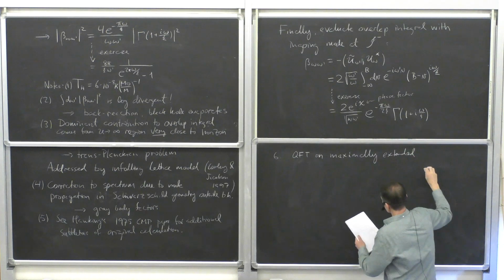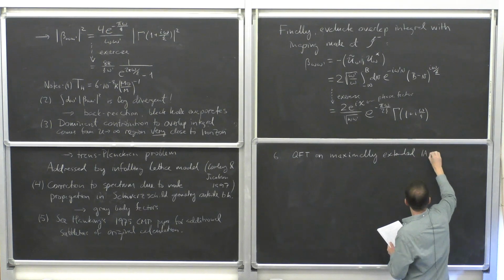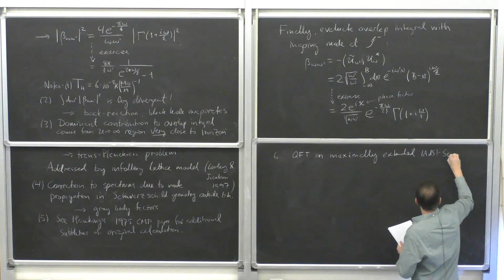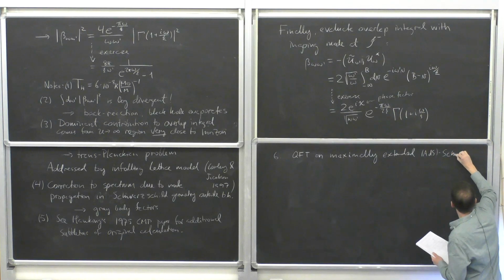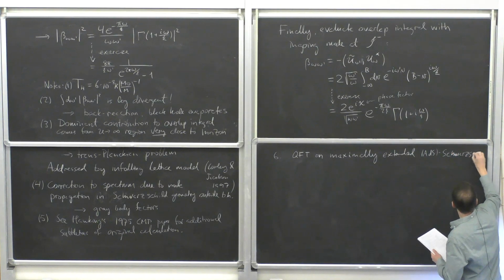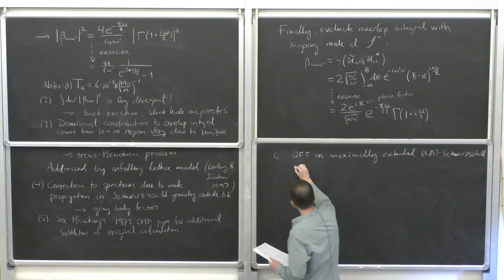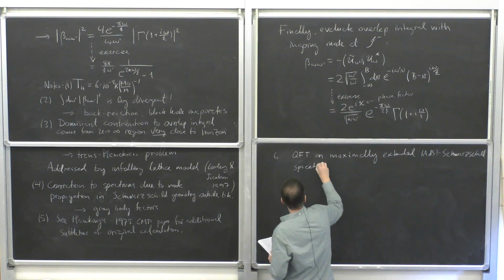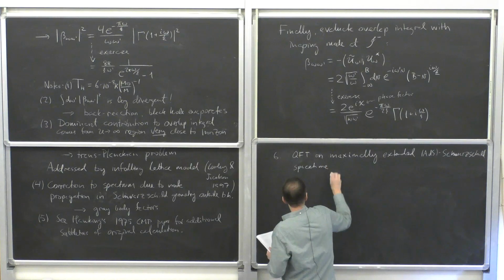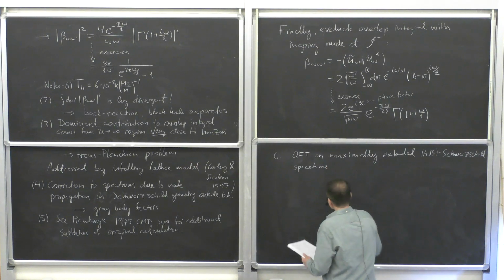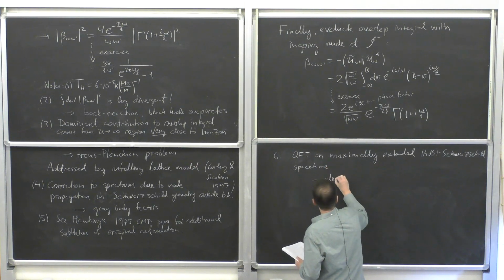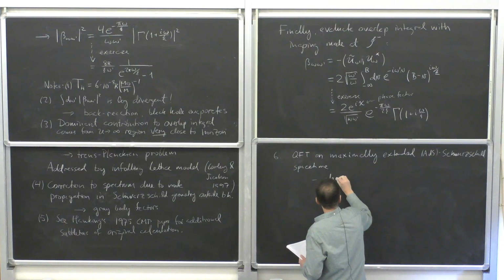So if I have a maximally extended, possibly AdS-Schwarzschild black hole, this is also what we call an eternal black hole. So first of all, this gives us an elegant mathematical formulation.